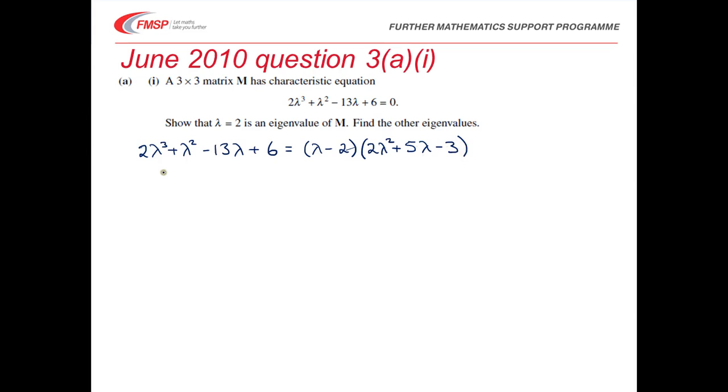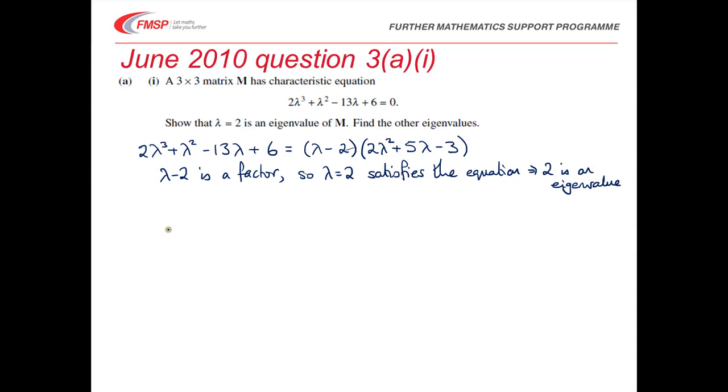So I can say lambda minus 2 is a factor, so lambda equals 2 satisfies the equation, which implies that 2 is an eigenvalue.